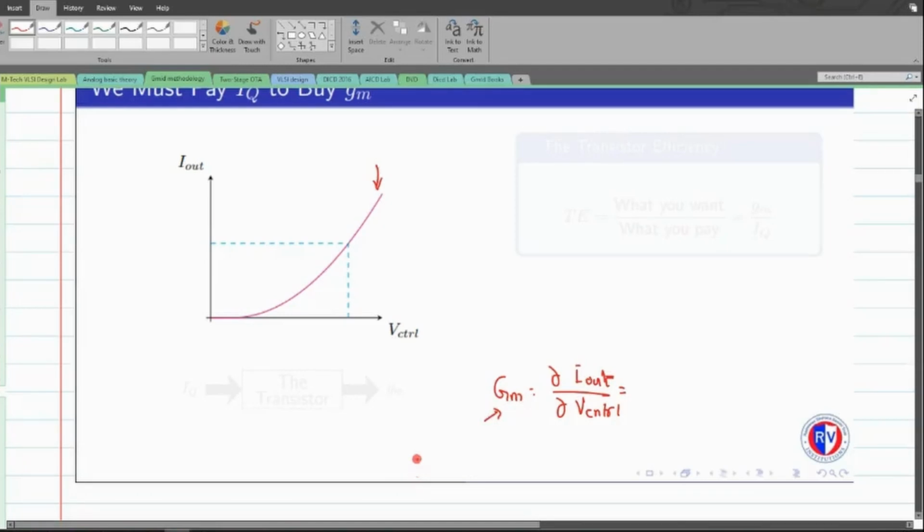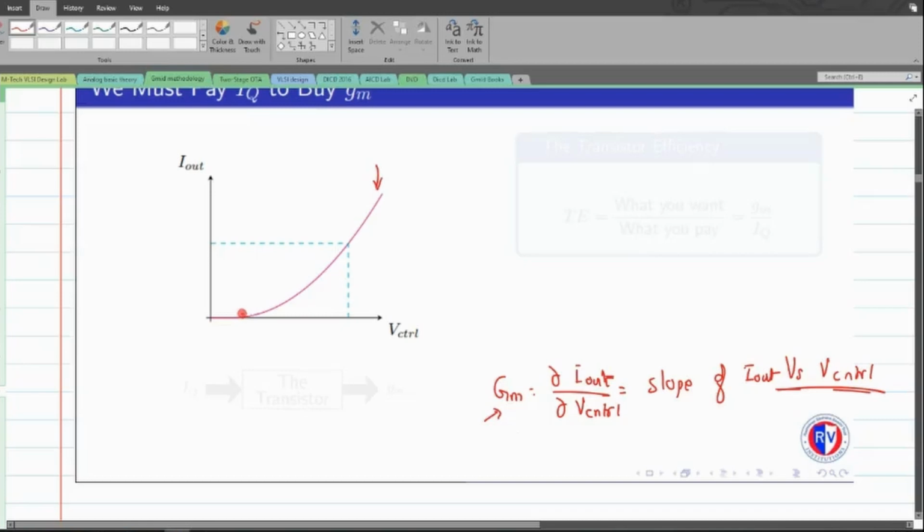Okay, so the first derivative of this particular graph represents the GM of the circuit. Now we know that the derivative of this graph can be visualized as a kind of slope. So I can visualize this GM as the slope of this I out versus V control graph. Okay, so let me pick two different points along this particular graph.